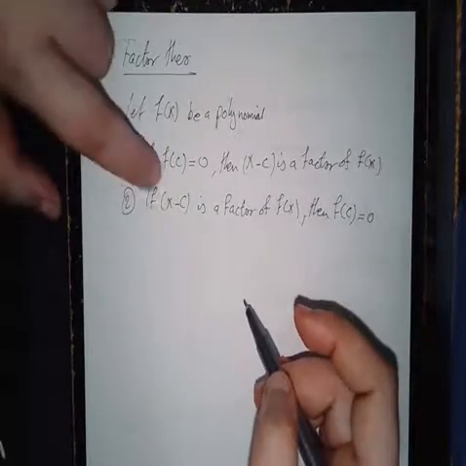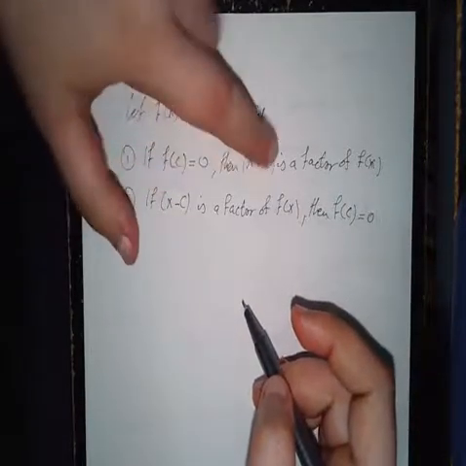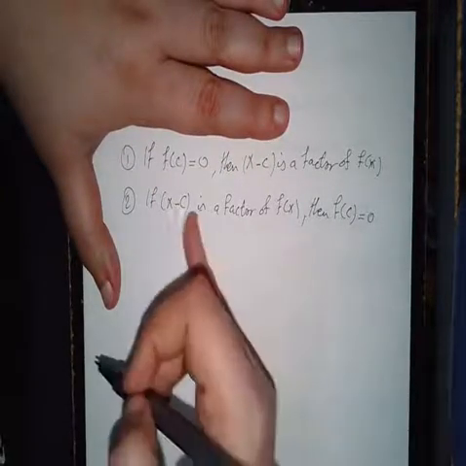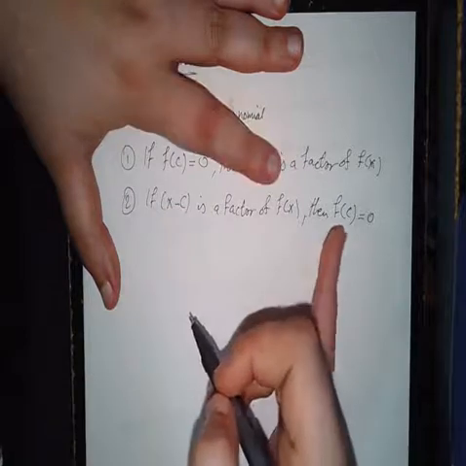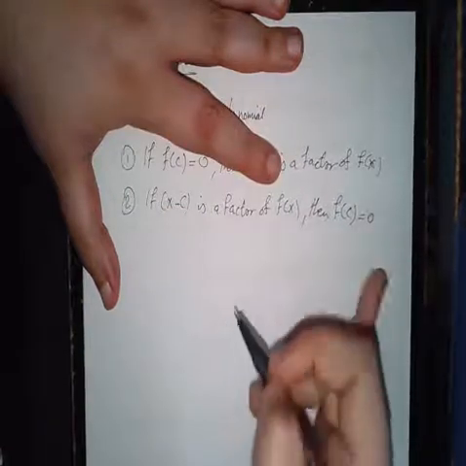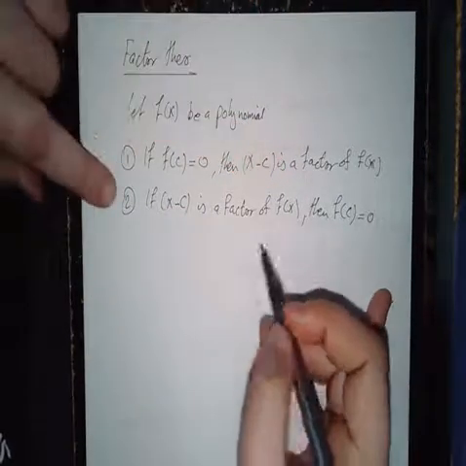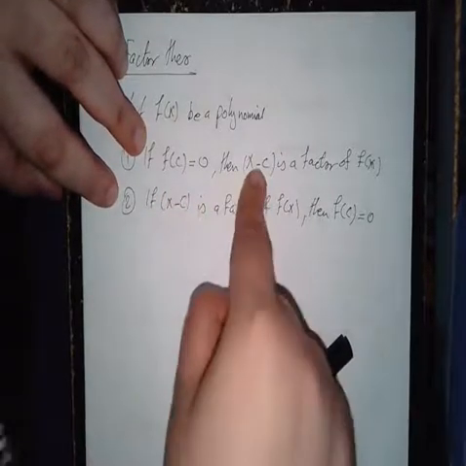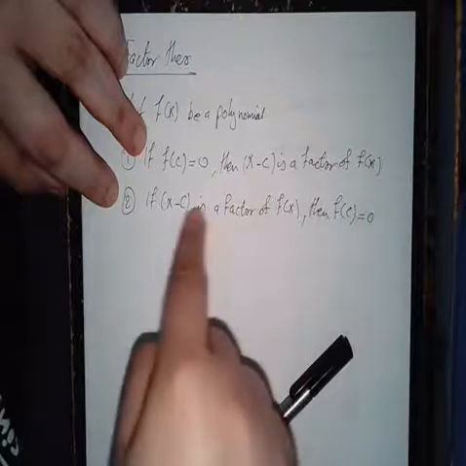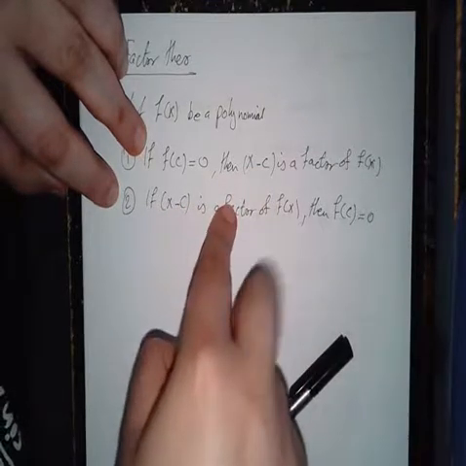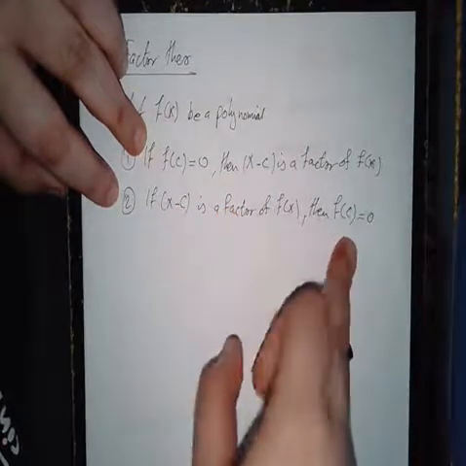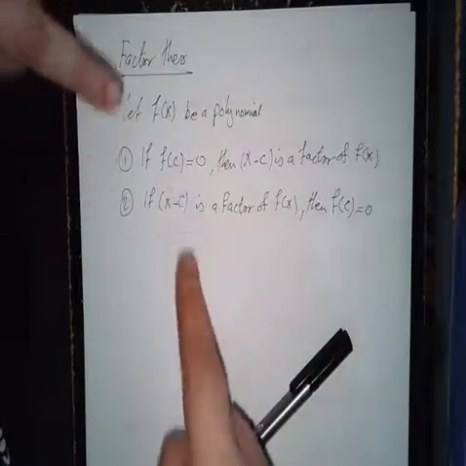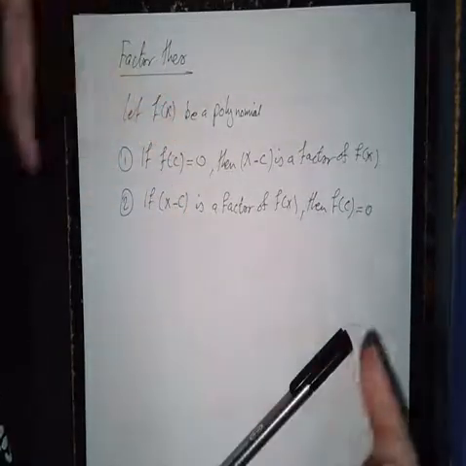Again, the remainder theorem says that if a function is divided by x minus c, then f of c is going to equal whatever the remainder is. So this is telling you that if that remainder is 0, that means you divided by a factor of the function. And if you're dividing by a factor of the function, then that automatically means the remainder is going to be 0. So these two kind of say the same thing, but in opposite directions. Make sense?